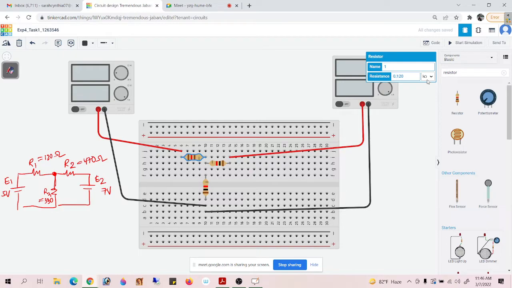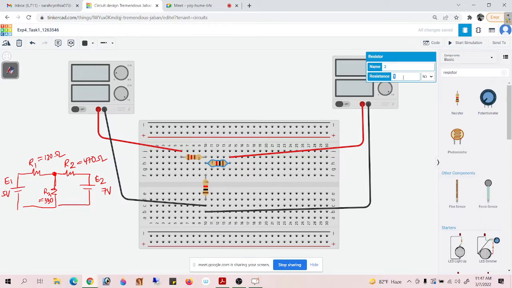If you convert 120 ohm into kilo ohm, the result would be 0.12 kilo ohm. So you may write it as 0.12 kilo ohm, or directly write 120 and change kilo ohm to ohm.